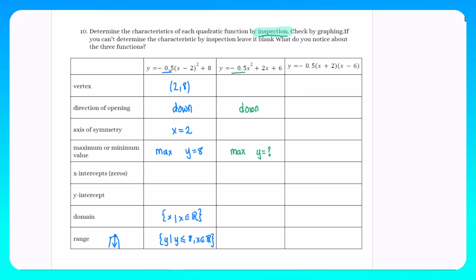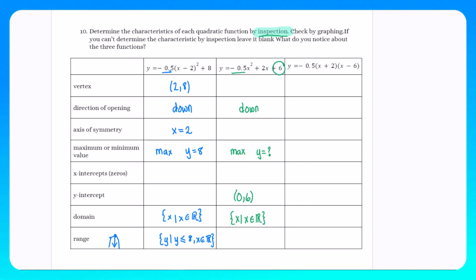We cannot figure out x-intercepts, but we can figure out the y-intercept because that is (0, c). And c in this case is 6, so our y-intercept is (0, 6). Just like all quadratics, except for those that have a special context, the domain is all real numbers.